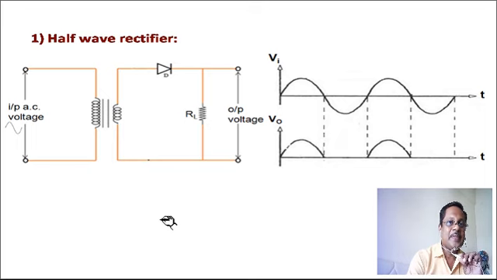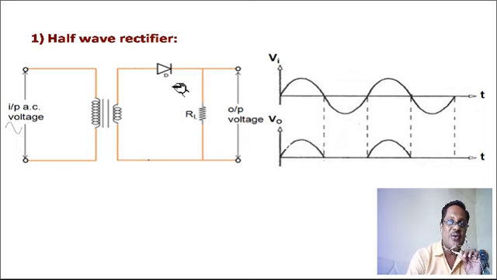Now when AC voltage is applied to the primary of the transformer, during the positive half cycle, this point will become positive and this point will become negative. Therefore, this diode is forward biased during the positive half cycle.